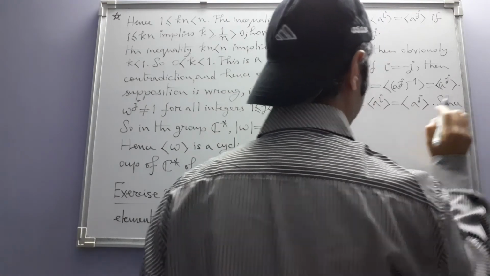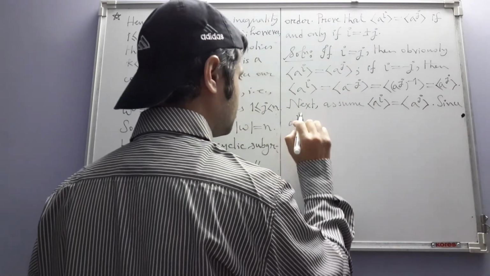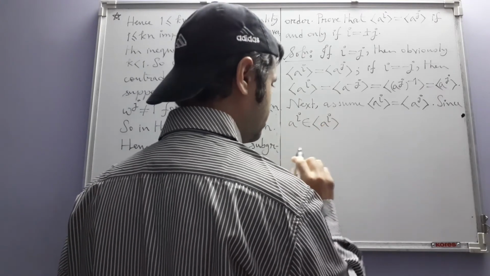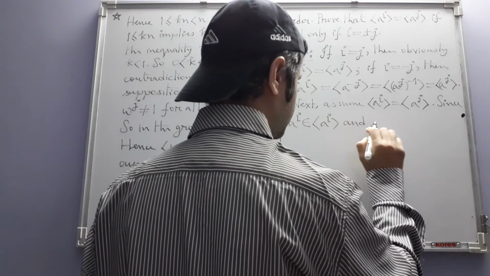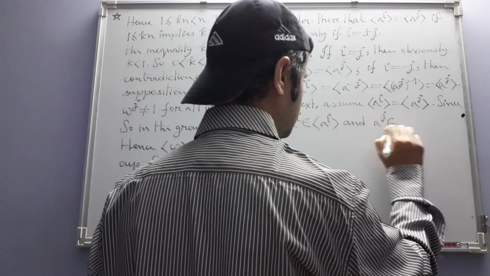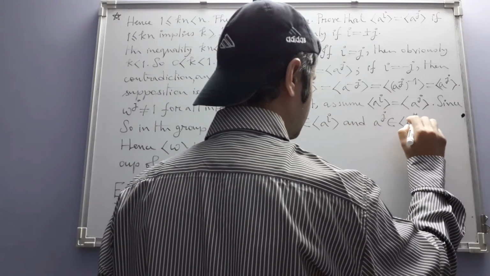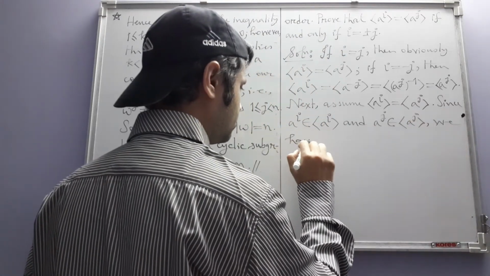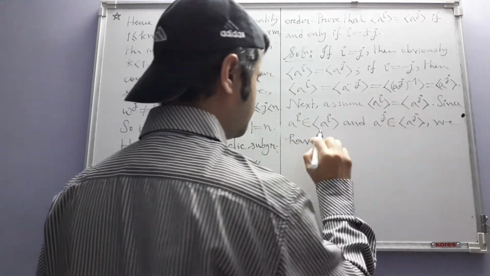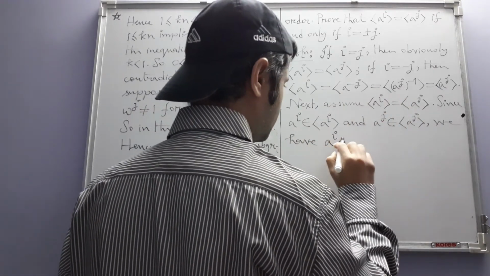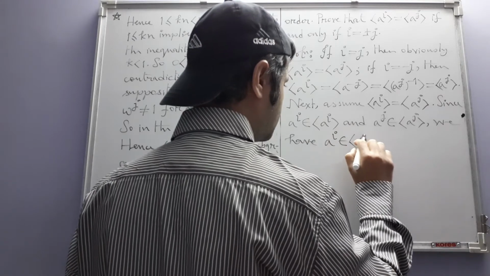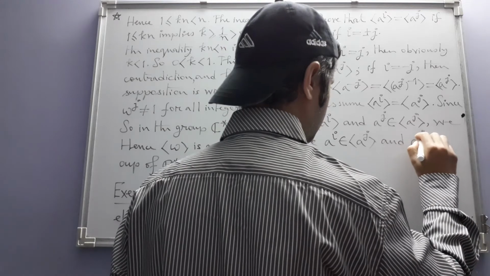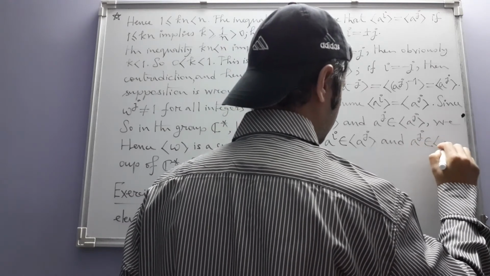Since a to the power i belongs to the cyclic subgroup generated by it, and just like that, a to the power j belongs to the one generated by it, we have, because of our assumption, this belonging to this and the other way around.